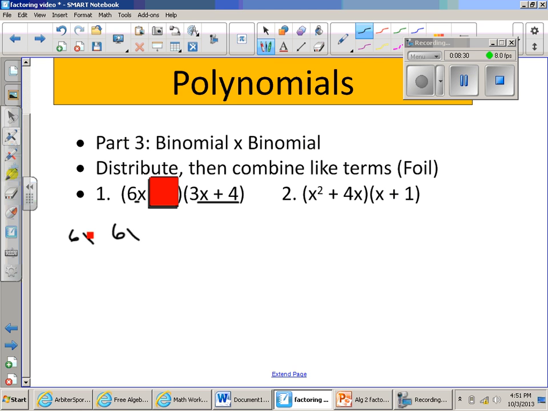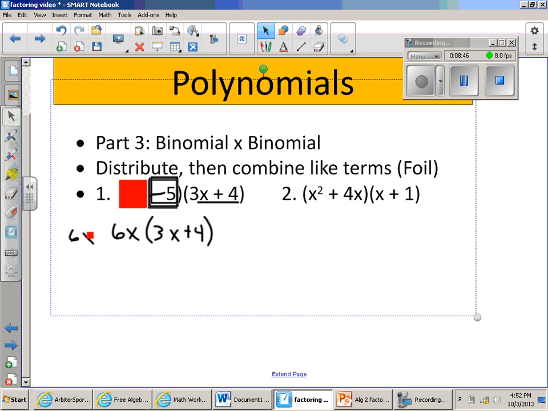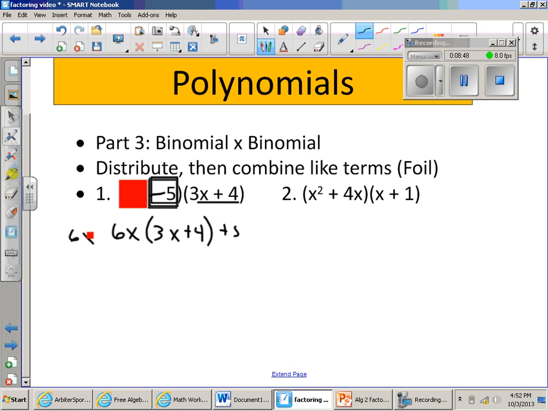I see 6x times 3x plus 4. Let's move this over and rewrite what I have here. Plus 4. 3x plus 4.